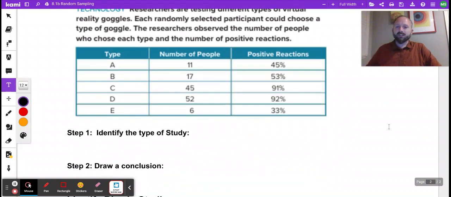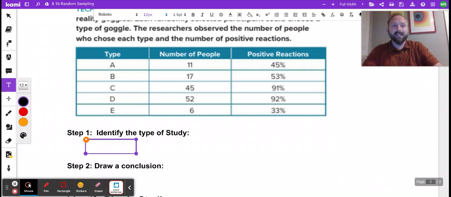So now we have this question of identify the type of study. Well, the researchers observed what happened, so this is going to be an observational study.